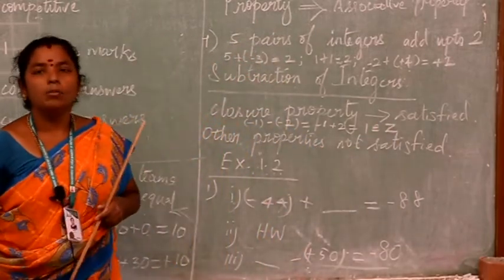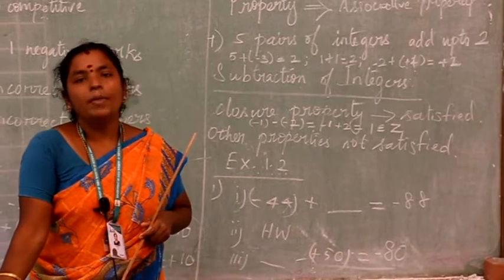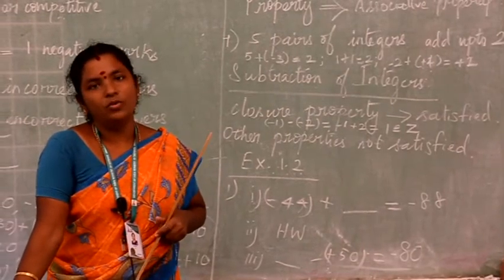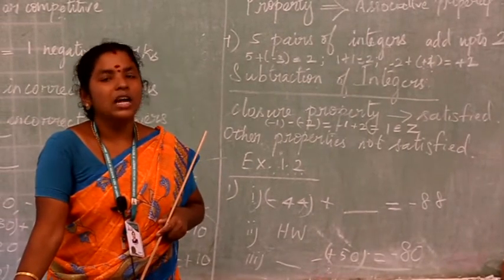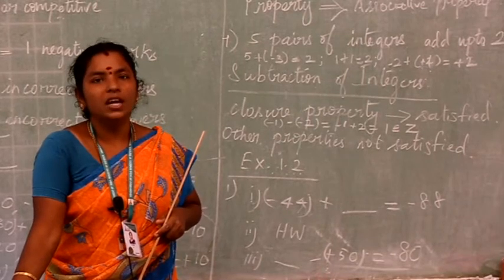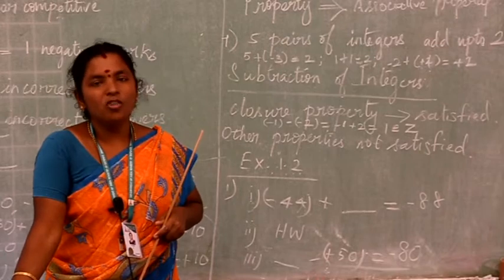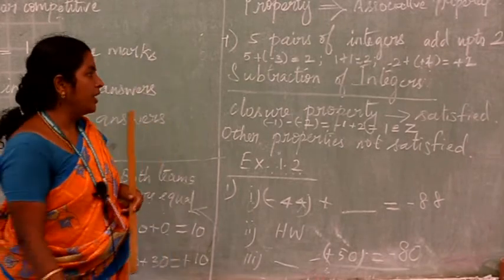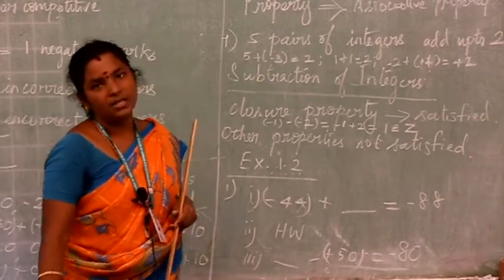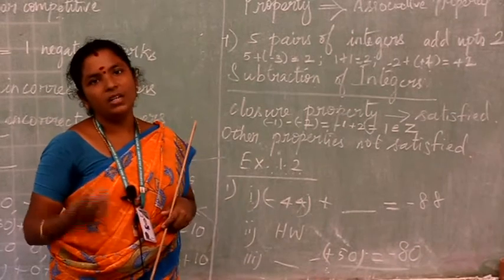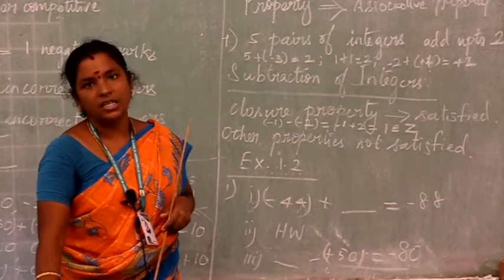If you go for the commutative property, you can see minus 1 minus 2 if you take, which is equal to, with the same numbers swapped, minus 2, again minus of minus 1. So in commutative property, minus of minus becomes plus. So your left hand side will differ from the right hand side. So it is not satisfied.